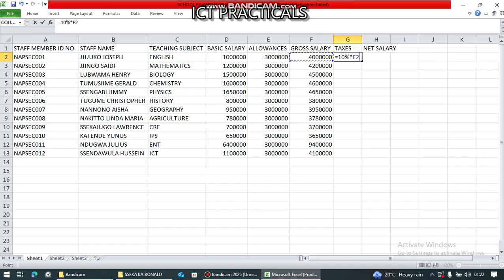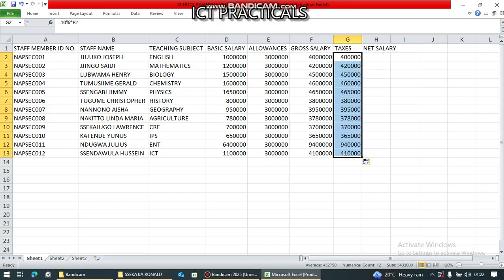For example, if a teacher is earning a gross salary of 4 million, then to remain with a net salary, use the percentage that has been given and deduct from the gross salary. After computing that, press the enter key. Still we drag to compute for others.